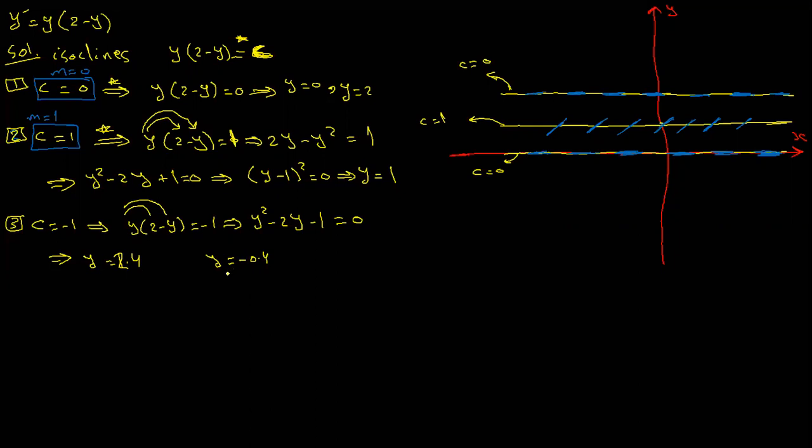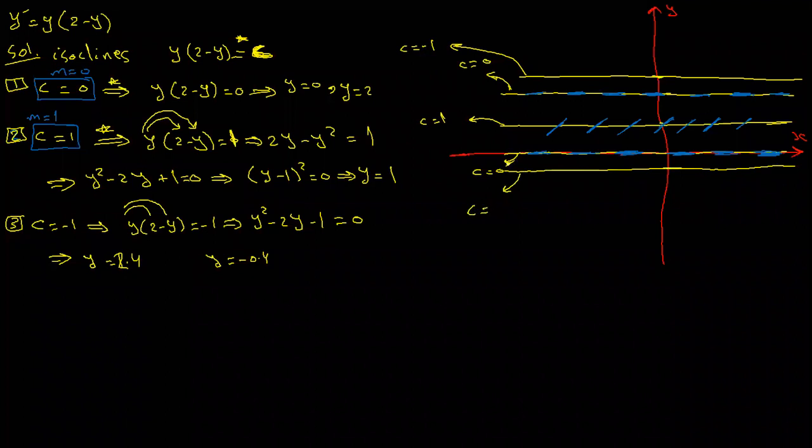So I have extra 2 isoclines. The first one, 2.4, it's up here. So this comes from C equal negative 1. And the second one, negative 0.4, will be down here. So this comes from C equal negative 1.